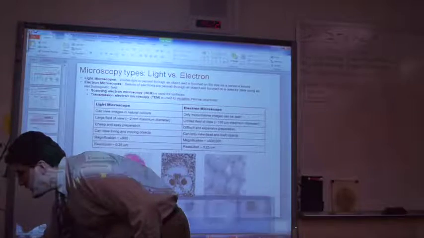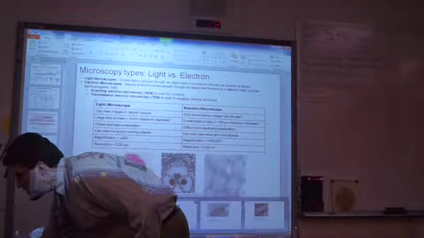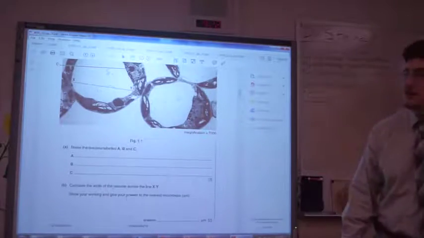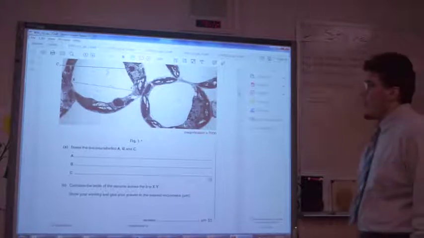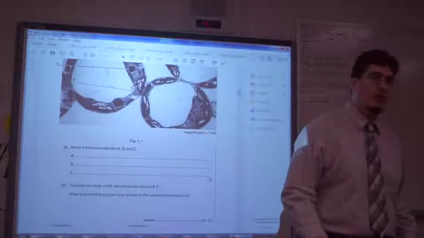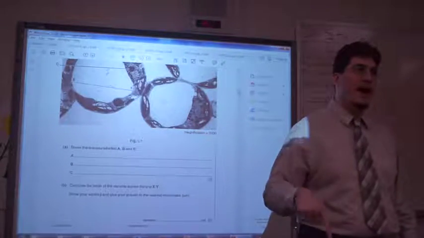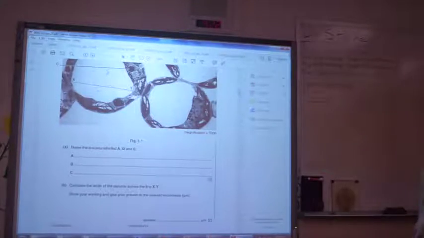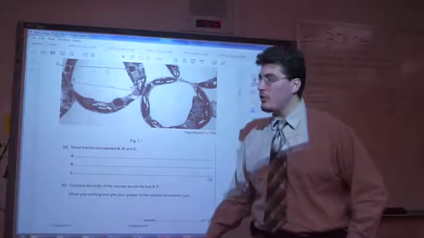Now, here's the deal. The major takeaway point there was barely brushed over. Magnification equals image size over actual size.